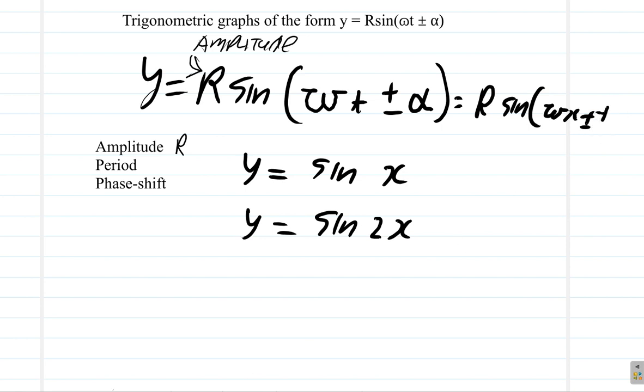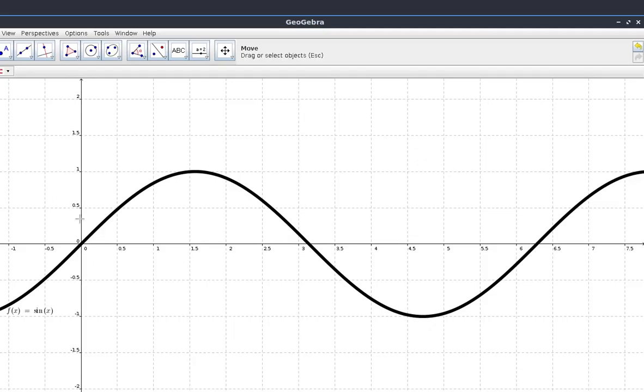It's just that because I'm using GeoGebra and it says x instead of t, we're looking at that in that form. So if you multiply the variable x by 2, what would happen? I'm going to have sine, open bracket, 2x, close bracket, and see what happened.